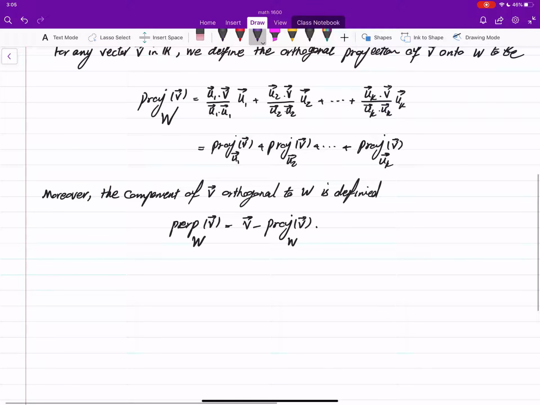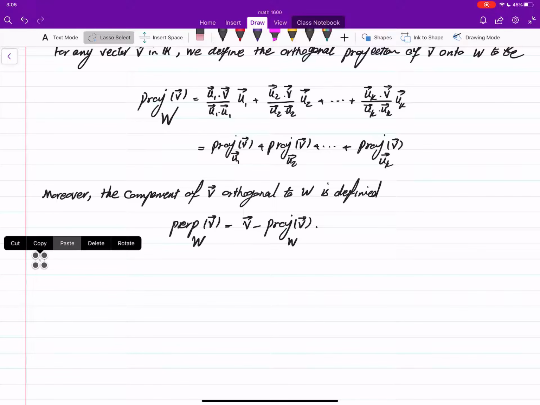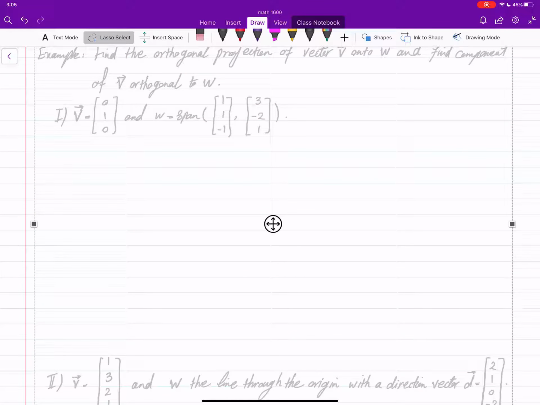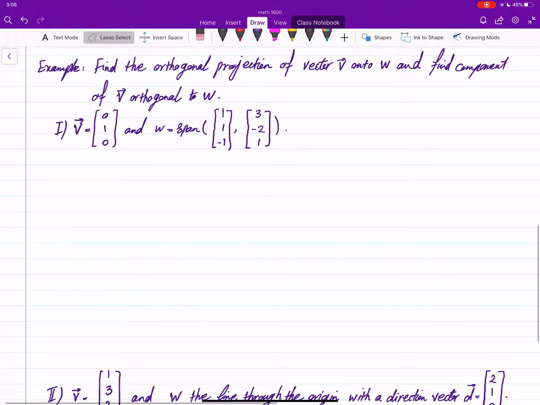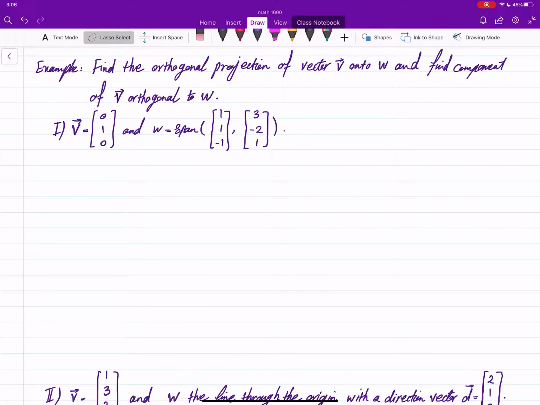But here, in the rest of this video, we will do some examples of computation of these components. Okay, so v is given and W is a span of two vectors. First thing to note is that W is given, you have to find an orthogonal basis. Well, we don't have the whole tool to do that, but in this case, the given vectors are orthogonal, so they will form an orthogonal basis.